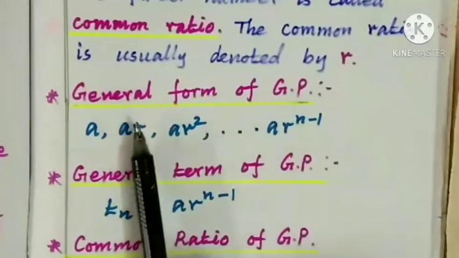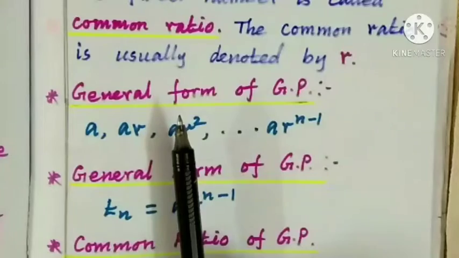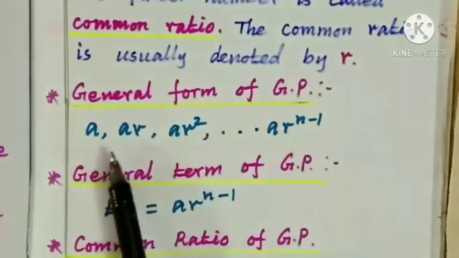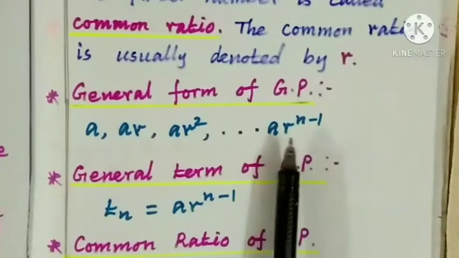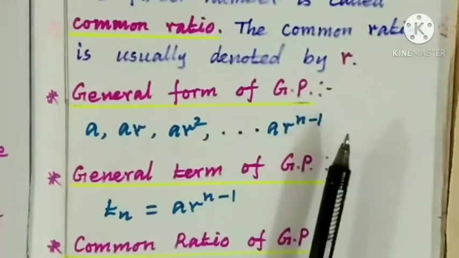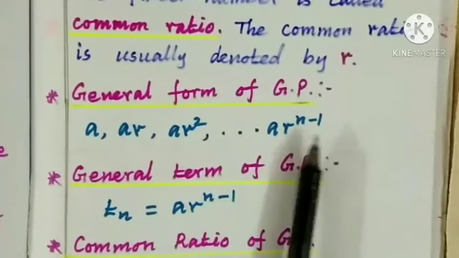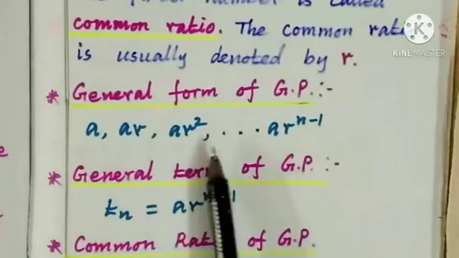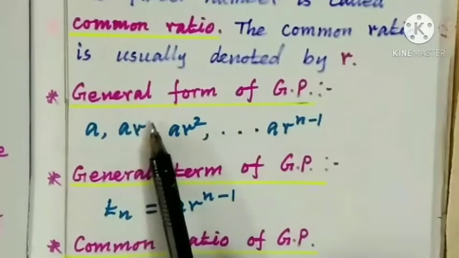Let a and r not equal to 0 be real numbers, then the numbers of the form a, ar, ar squared, up to ar power n minus 1 are called a geometric progression. The number a is called the first term and r is called the common ratio.